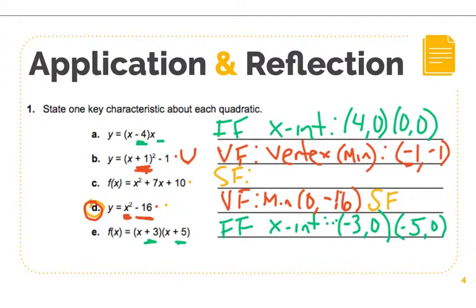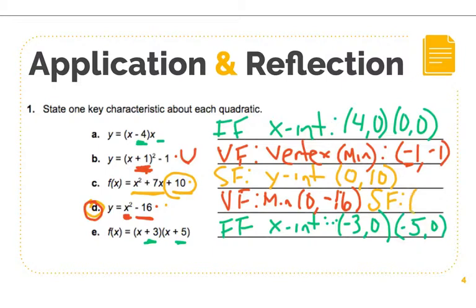Okay, so with my standard form, I know that my y-intercept is here, so these x's would have to be 0. So my x is 0, and my y-intercept would be at 0, 10. Same thing here.